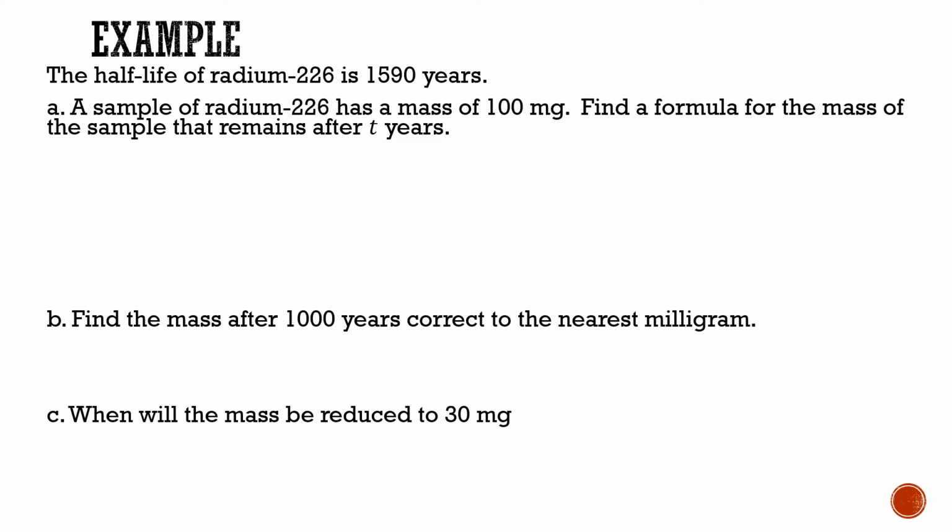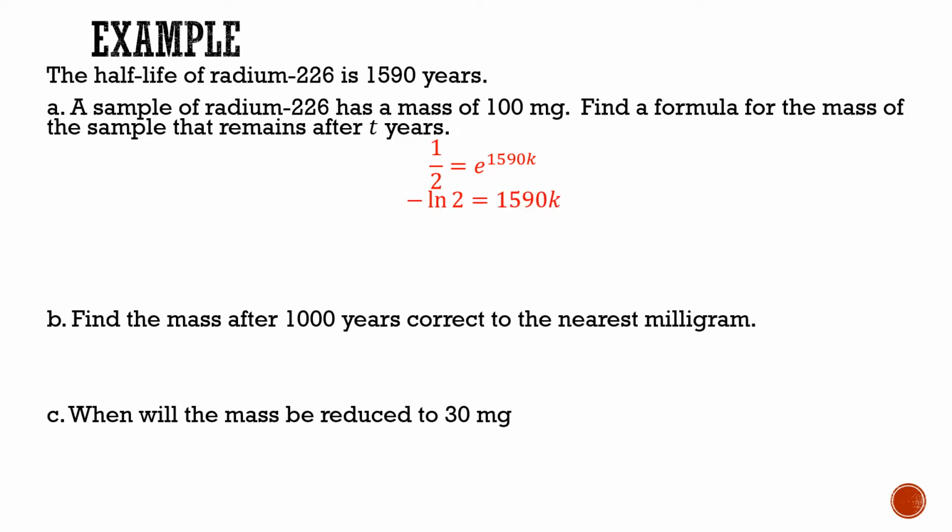All right, the next question says the half-life of radium-226 is 1590 years. A sample of radium-226 has a mass of 100 milligrams. Find the formula for the mass of the sample that remains after t years. Again, I'm using the formula we started with. Since the half-life is 1,590 years, I can say the half is equal to e to the 1590k, and solve for k.